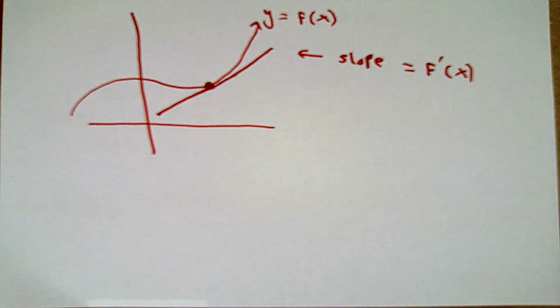Given a point on the curve, I can calculate its derivative, f prime, at that point. This tells me the slope of the tangent line.